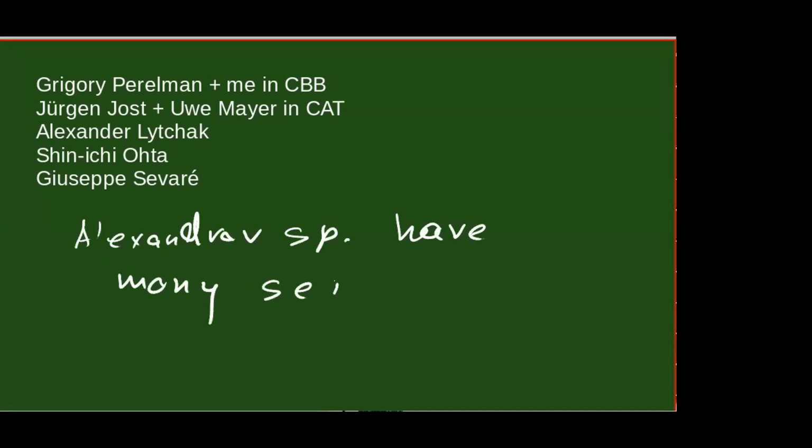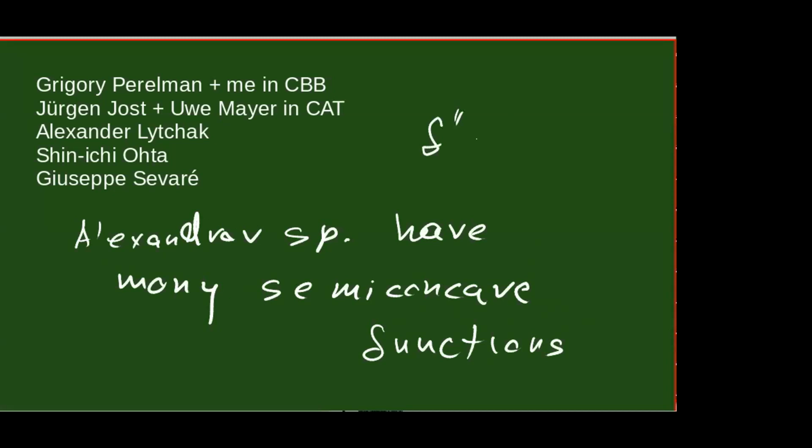Okay, so what's the idea? All right. First of all, Alexandrov spaces have many semi-concave functions. Semi-concave means that roughly f'' is less than or equal to some constant which is local.